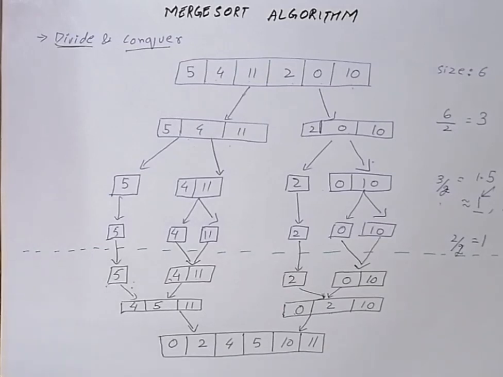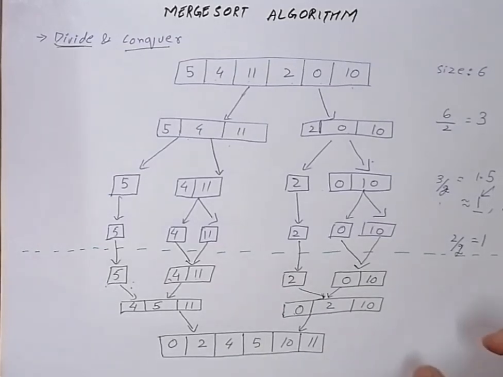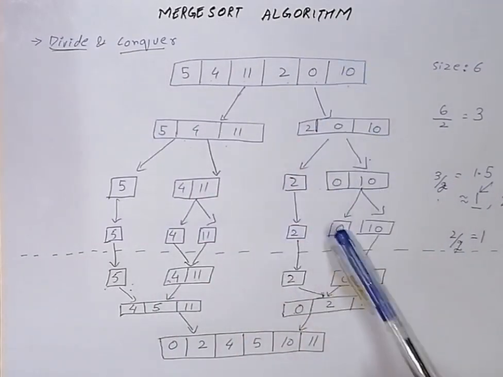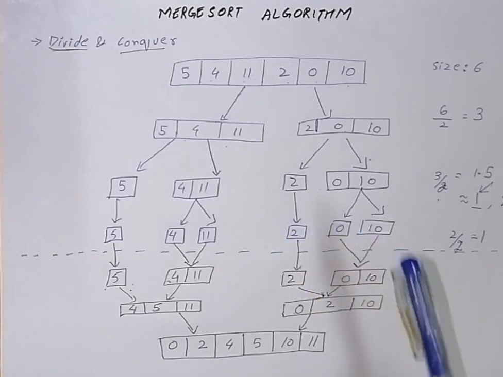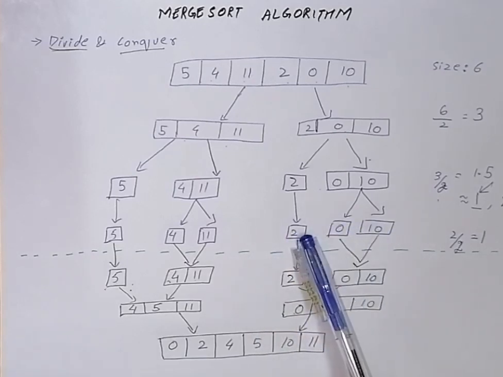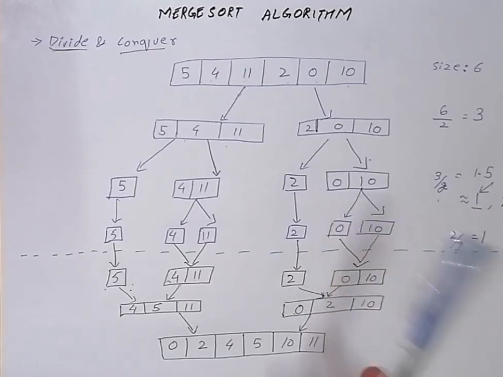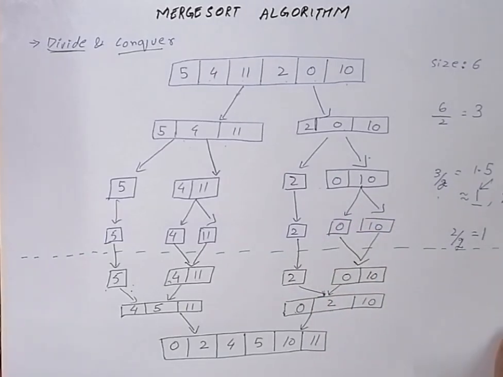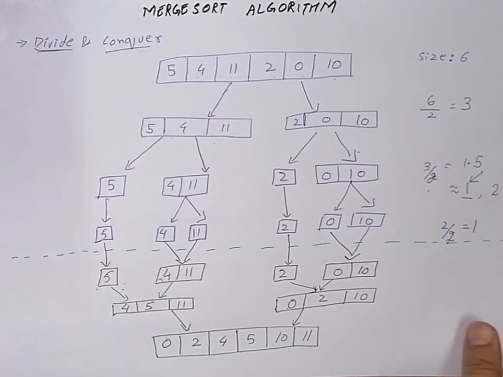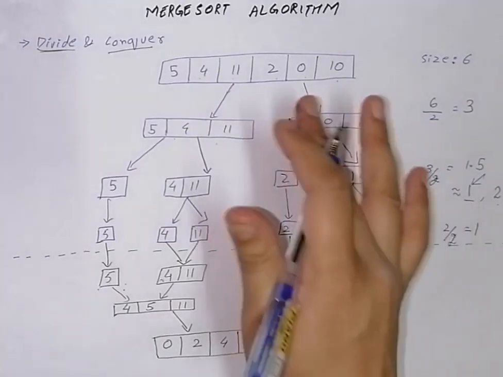So basically you can see that all the tasks that I have shown in this blue ink are the phase where we divide this larger problem into smaller problems, and then in the end we merge the smaller sub problems and create a solution which fits the given bigger problem.